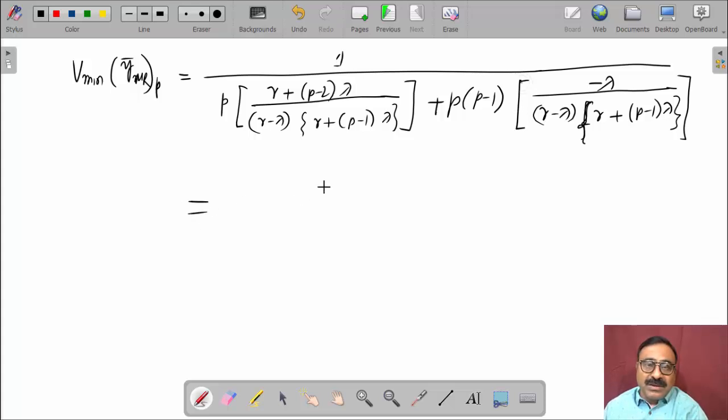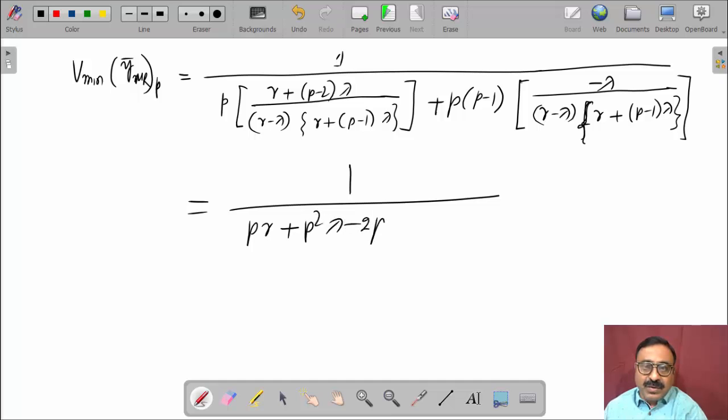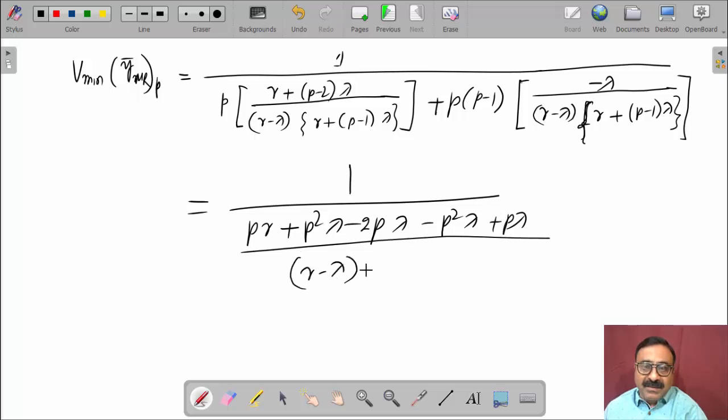So this is equal to 1 divided by, this will be pr plus p square lambda minus 2p lambda minus p square lambda plus p lambda divided by r minus lambda into r plus p minus 1 into lambda.